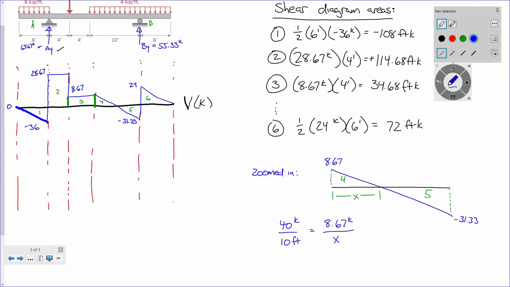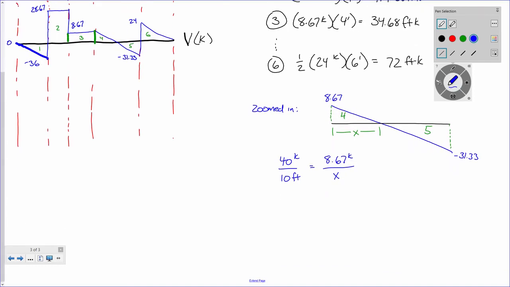So if I drag that down a little bit, 40 kips times x equals, here I can do that in my head, 86.7 foot kips. And what is that? 2.17, close enough. All right.